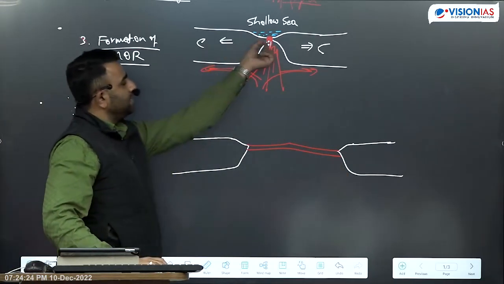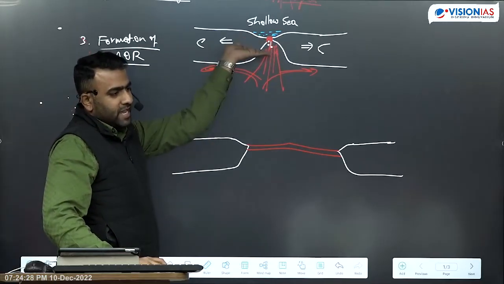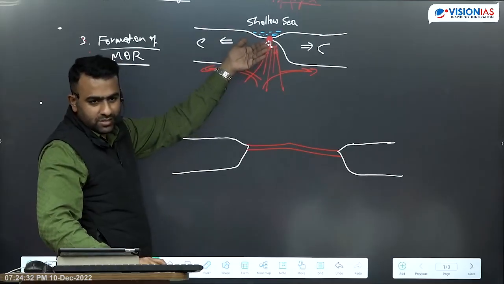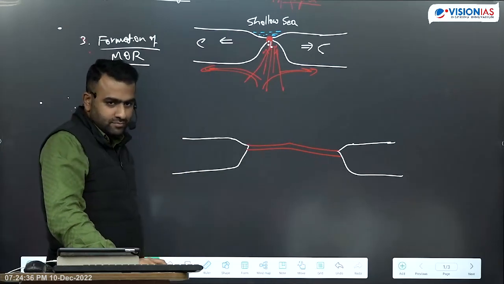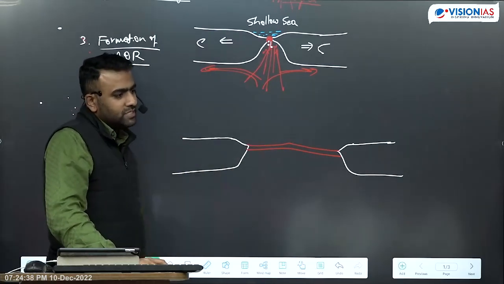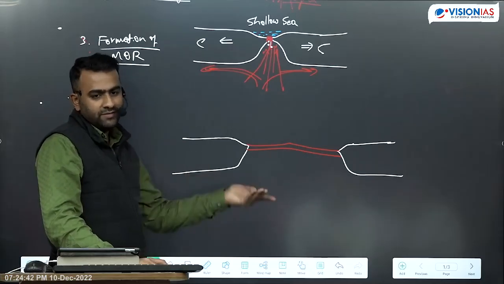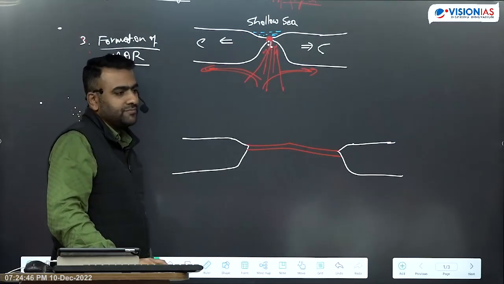Due to the continuous expansion of this continental crust, the in-between gap is filled by the rising magma which creates oceanic crust. A new oceanic floor is created here. Entirely new oceanic floor is created here. The way new oceanic floor was created between South America and Africa. That is in the third stage.